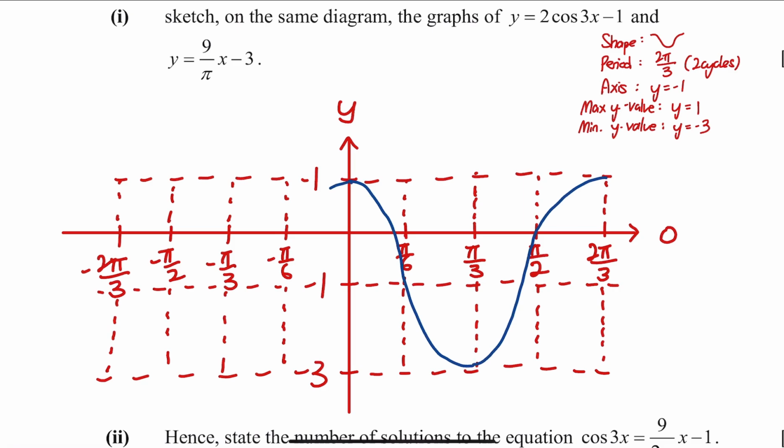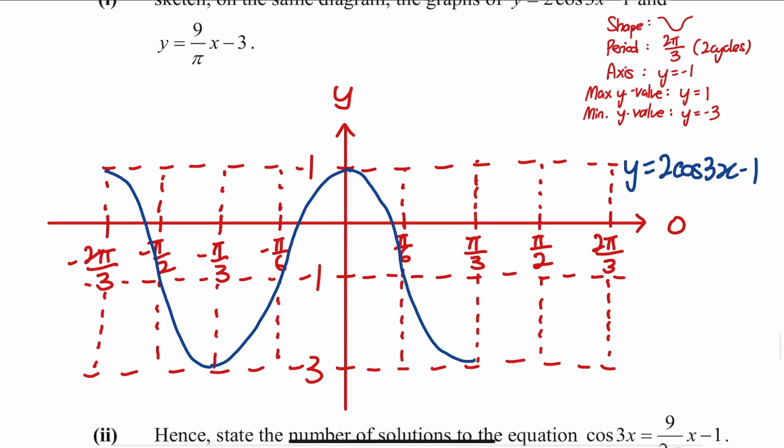So over here, likewise, go down. Something like this. Then we label our graph: y equals 2 cosine 3x minus 1. Wait, sorry, I realized my graph here cuts wrongly.